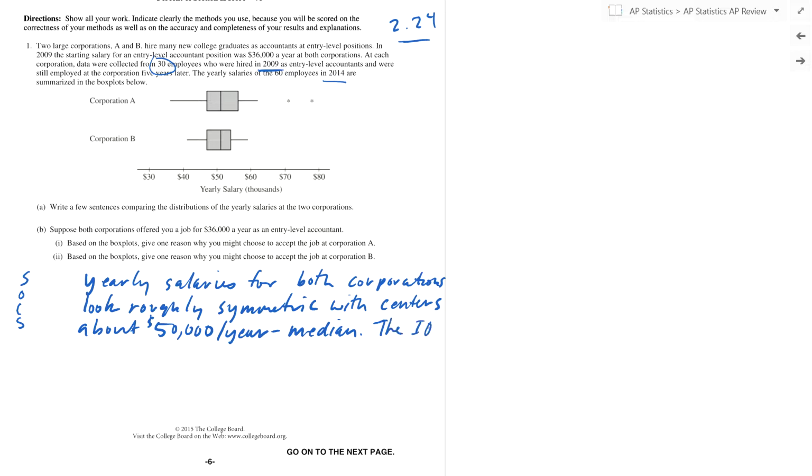The IQR, which is Q3 minus Q1, for corporation A is approximately, and we're just going to look at this and go down here, okay, maybe 58 to 48, maybe $10,000.